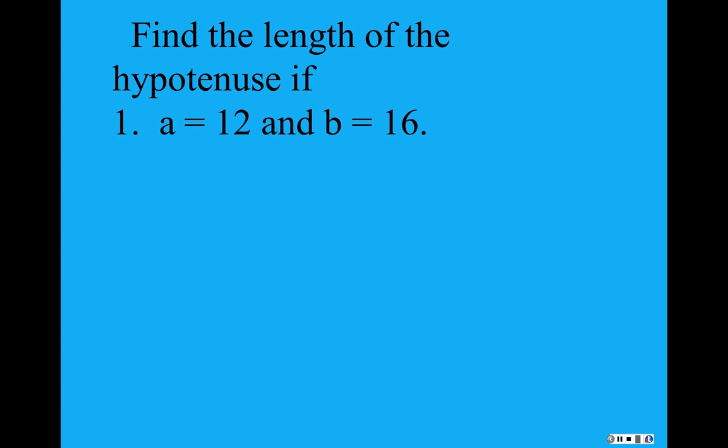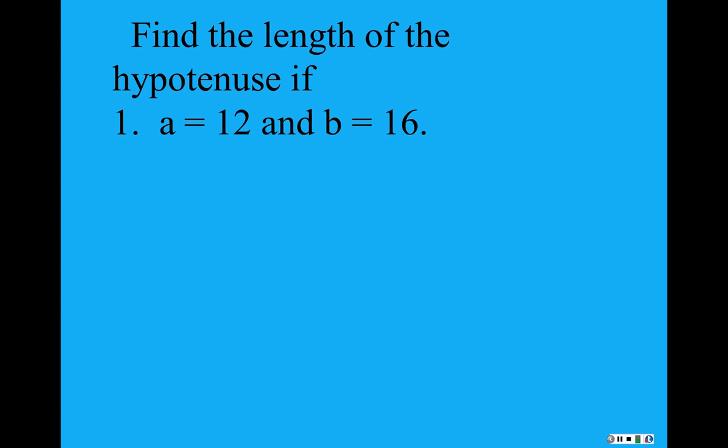And they want to know what C is. We said that A squared plus B squared equals C squared. So you're going to use substitution as your friend. We talked about substitution yesterday, didn't we? So I've got 12 squared plus 16 squared equals C squared.